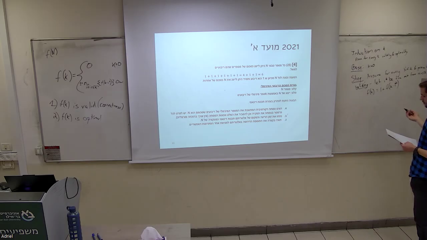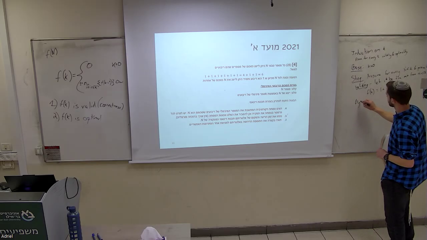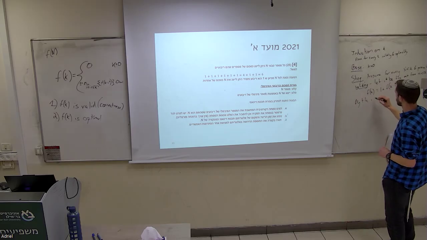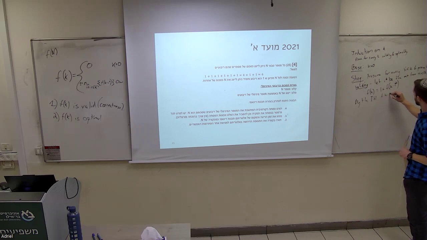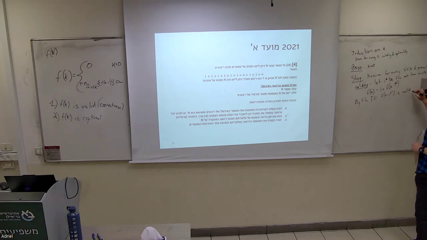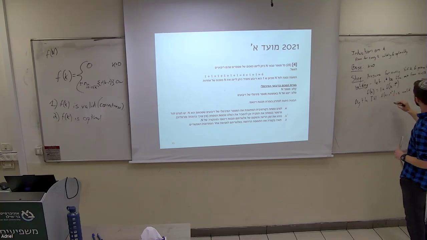All right, so now what can we do? Now, by the induction hypothesis, what do we know about this? It's valid, right? F of k minus I star squared is valid, and therefore also our f of k is valid.